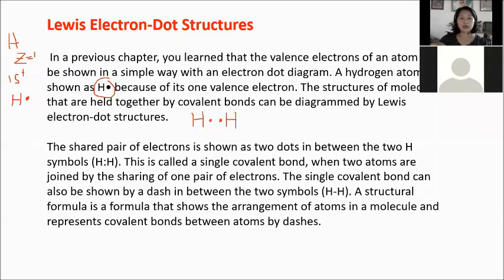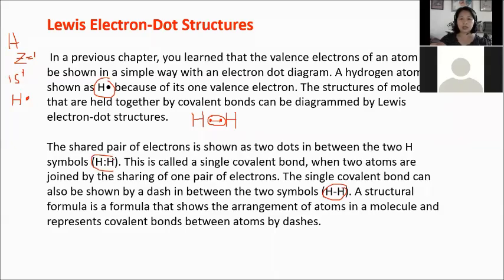And then we connect them as a dash. So let's check how many electrons the first hydrogen atom has: 2. For the first hydrogen, and the second hydrogen as well, it is 2 by sharing of electrons. So you can write it with a dash, or with dots.